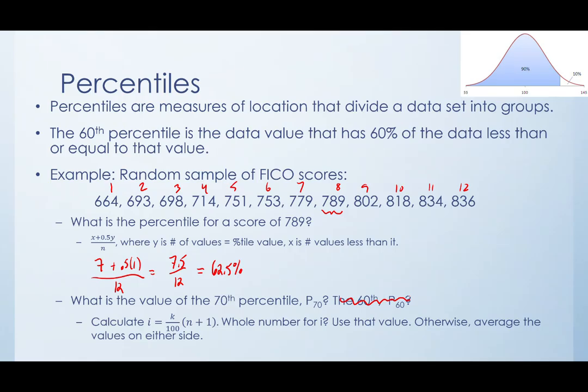K is our percentile, so we've got 70 over 100. N is our sample size, so that's 12. And then we're going to add 1 to that. So I'm doing 12 plus 1, which is 13, times 0.7. And that's going to give us a position.